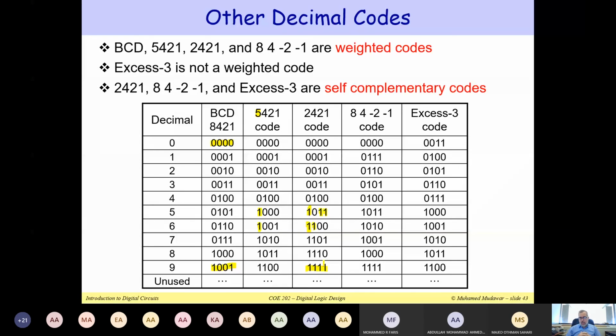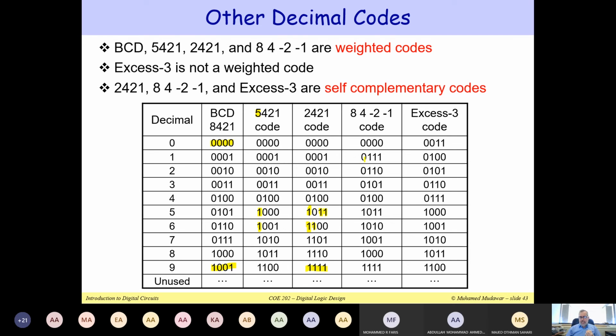There is also another weighted code, which is 8, 4, -2, -1. In fact, you can choose the weights to be negative. In 2421, 5421, and BCD, all the weights are positive, but there is no reason not to make them negative. So suppose I would like to have 1.